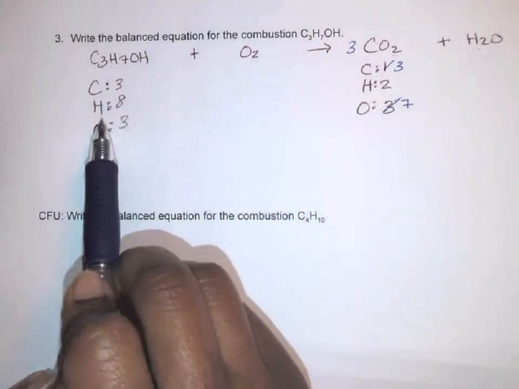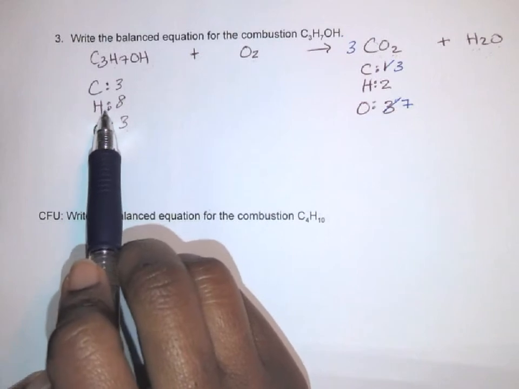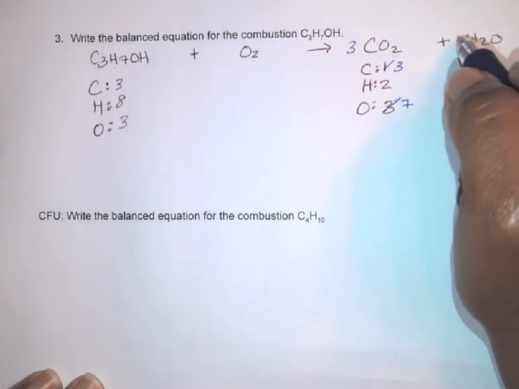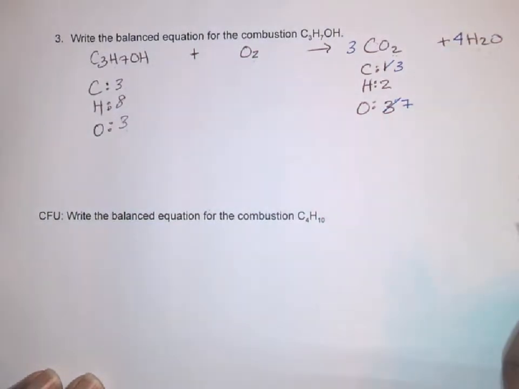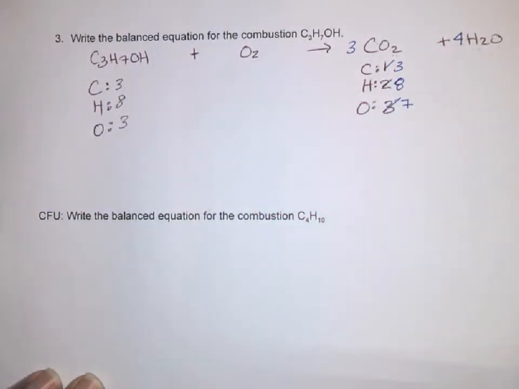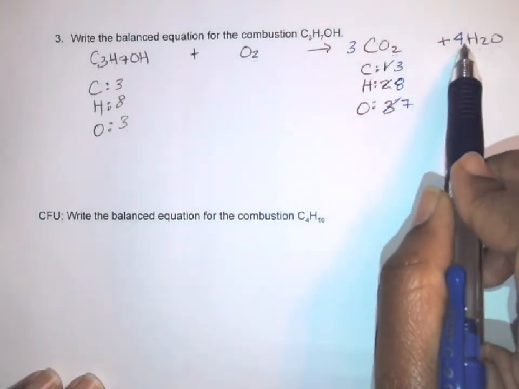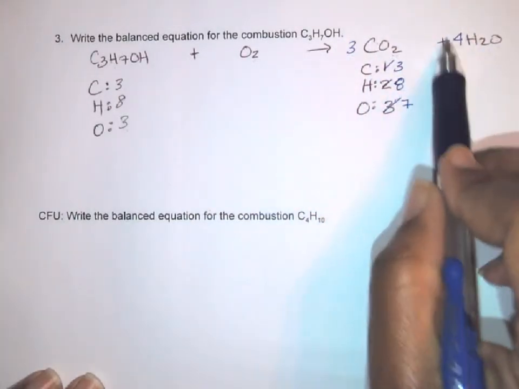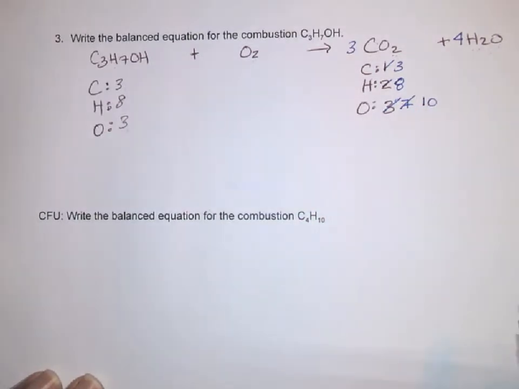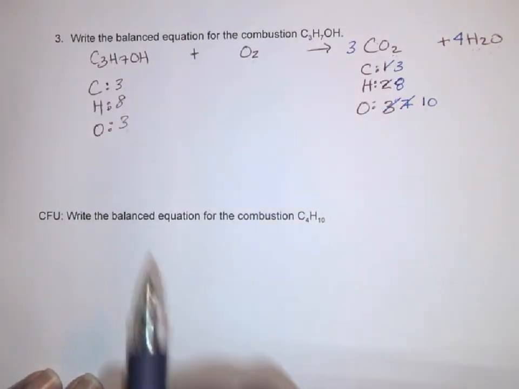Now I can change the number of hydrogens. I have 8 here and 2 on that side, so to get 8 on the product side, I multiply H2O by a coefficient of 4. That gives me 8 hydrogens. I have to change the oxygens as well, so this was 6, plus now 4, gives me a total of 10. Okay, so far so good.